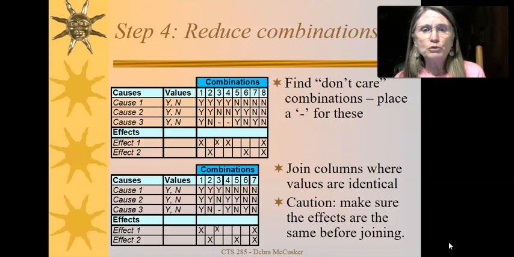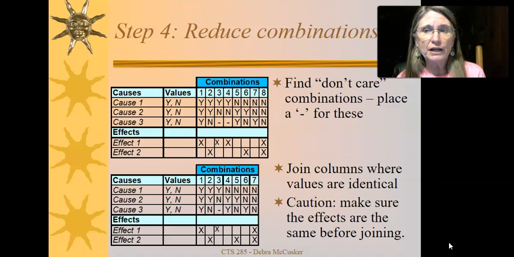And those would be the areas where 2 columns would produce identical results. It wouldn't matter then whether there would be one value or another value in a particular cause.